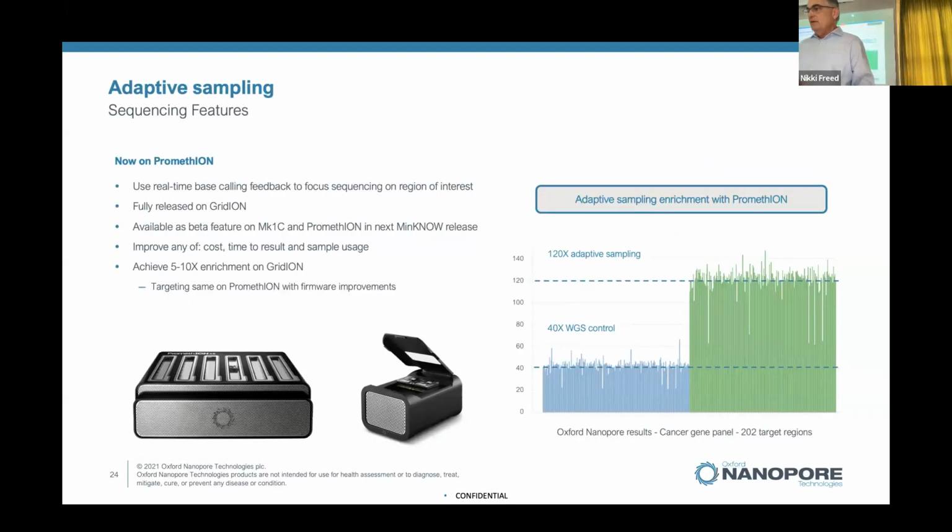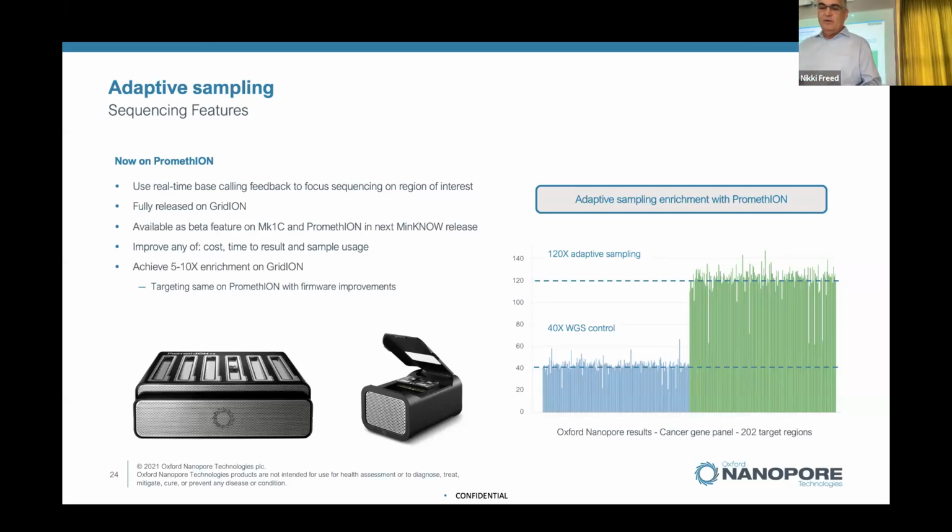As well, the PromethION will do adaptive sampling, but because it generates 5 to 6 times the amount of data, you get much higher fold coverage. So here's a panel of 202 cancer genes that achieved 120-fold coverage from a single run. And you still get those background reads, 40-fold coverage, which means, for example, you can look at copy number variation across the human genome with that off-target data, and then have your targeted genes for full length.